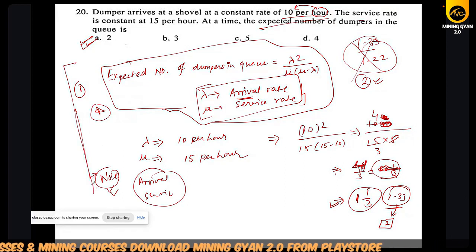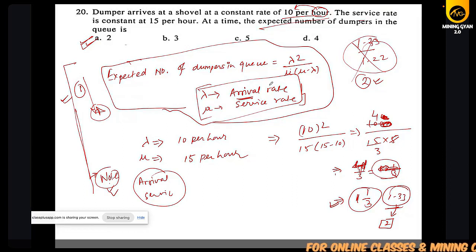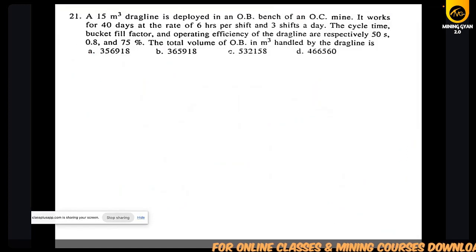Make notes like that, with the solution of this question and yesterday's question on the same page. When you revise, you will get an idea, and if they make a different question, you can calculate that question also.